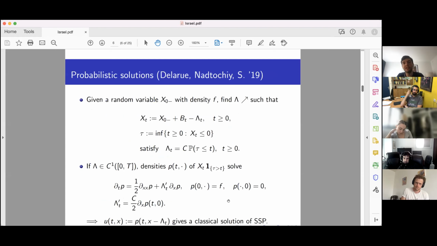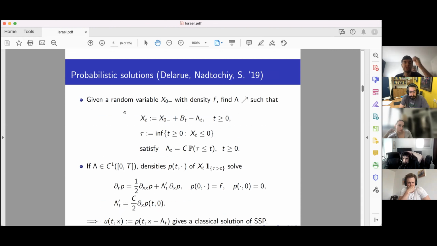All right, so let me not dwell too much on the applications and go directly into the analysis. The first observation I want to make about this problem is that you can rewrite it in terms of probabilistic objects. So instead of thinking about the PDE, you can think about the problem in terms of Brownian motion.